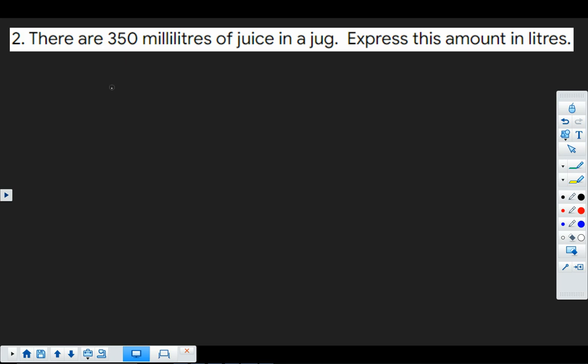Okay, well, our key piece of knowledge here is that 1 litre equals 1,000 millilitres. Now, we haven't used a ratio table for a little while, so let's get that going. Our litres and our millilitres, 1 is 1,000.